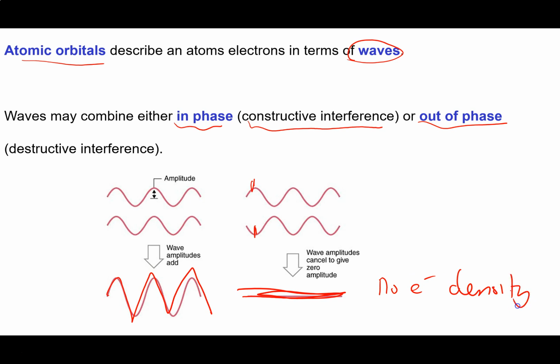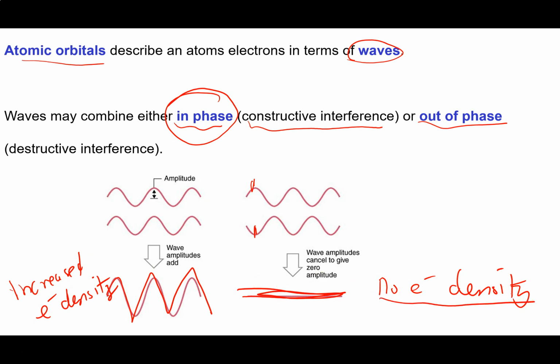So what we're really saying is that when the atomic orbitals, the waves that represent those electrons on the individual atoms, come together in phase, we get constructive interference in the overlap region, and we get increased electron density. But when those electron waves come together out of phase, they cancel out, and we get no electron density in the overlap region.